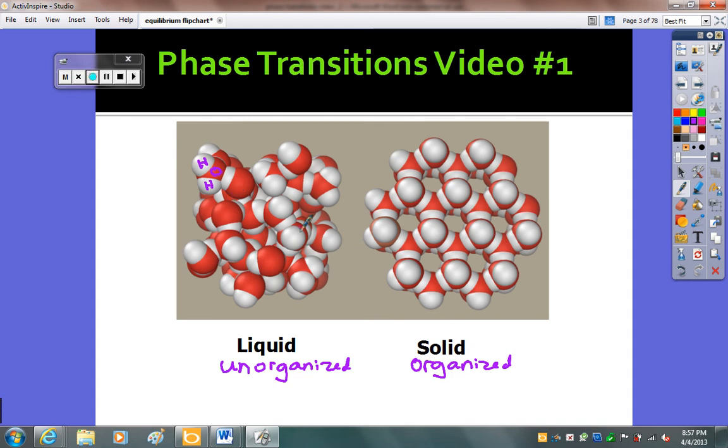In the case of a liquid, there are some intermolecular forces, but as you can see in the solid form, the intermolecular forces repeat themselves and are highly organized.